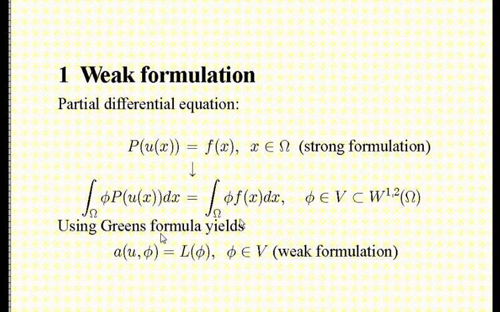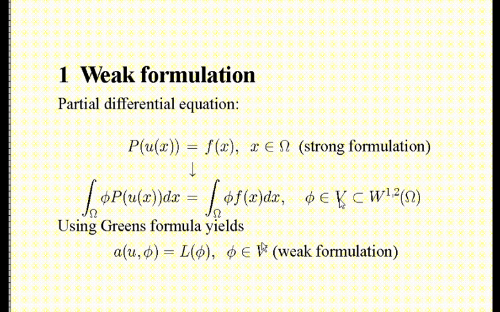Because when we are using the Green's formula, we obtain a weak formulation of this type. In this process, we also add information about the boundary conditions. This test function phi, which we are multiplying with, is in some subset of the Sobolev space W12.